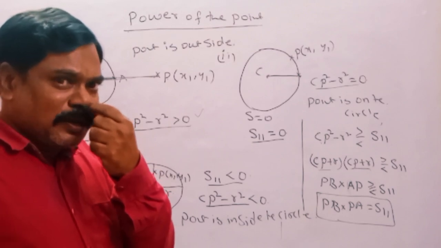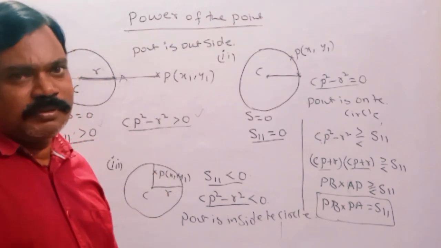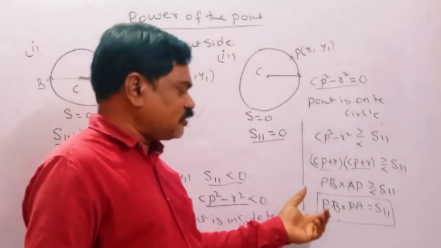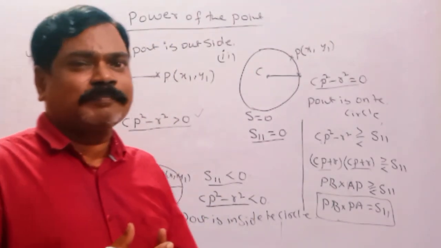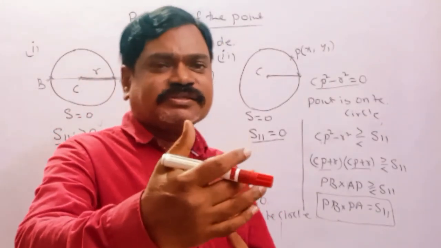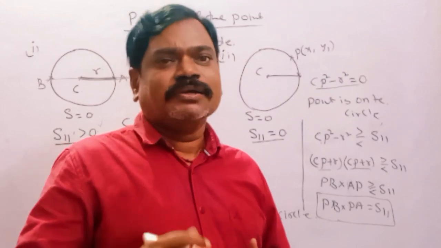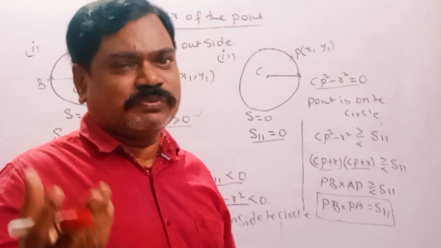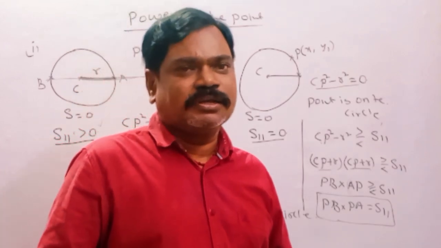As we have done problems on this concept, we already found the longest and shortest distance from a given point with respect to the circle, and we completed problems on that.